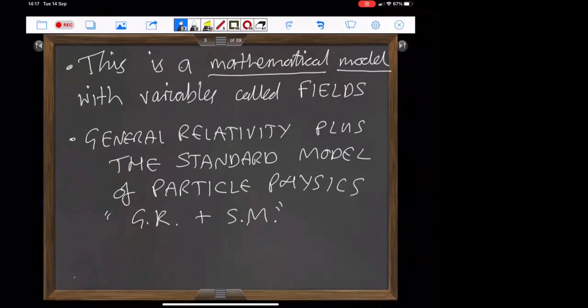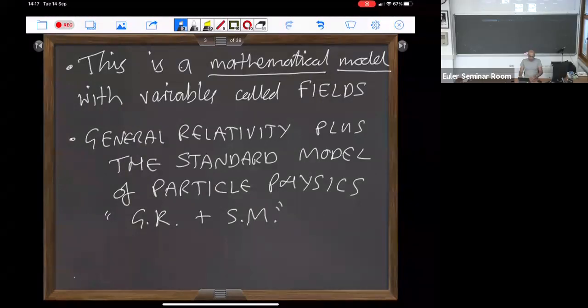Now, this mathematical model is usually called general relativity plus the standard model of particle physics, or sometimes GR plus SM. And one of the goals of your studies here will be to understand what general relativity and the standard model are.